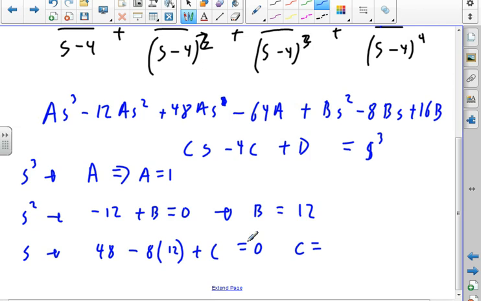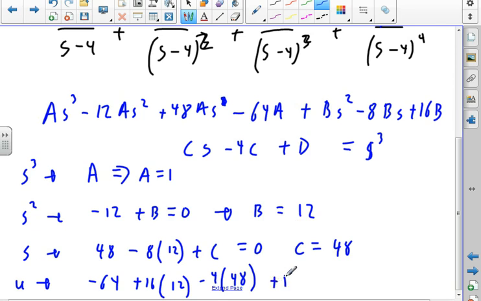48. Put my calculator away. And then I look at the unit term, and I see that minus 64 plus 16 times 12 minus 4 times 48 plus d is equal to 0, implying that d is equal to... I got rid of everything in my calculator.